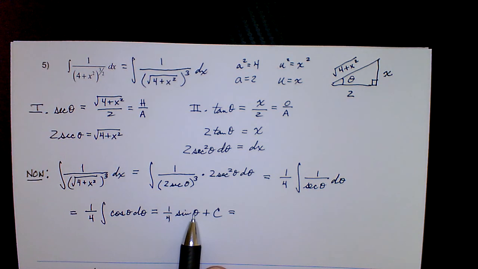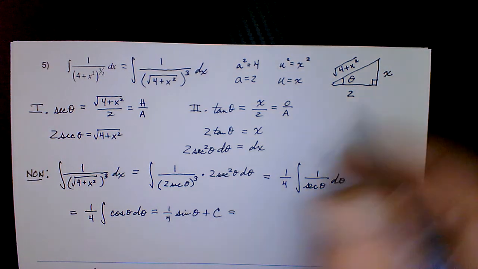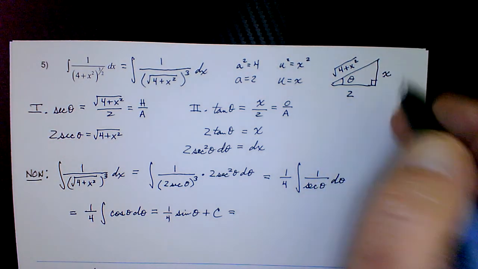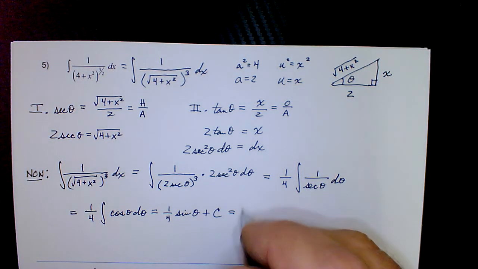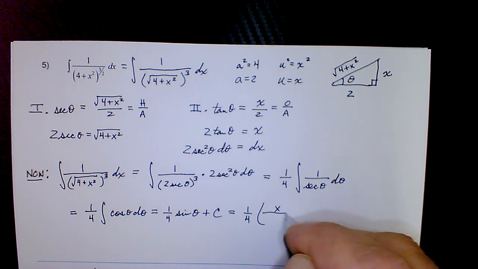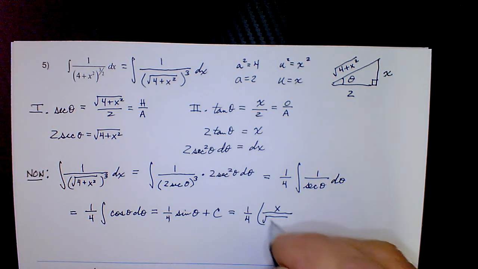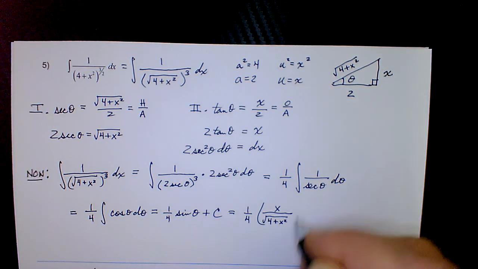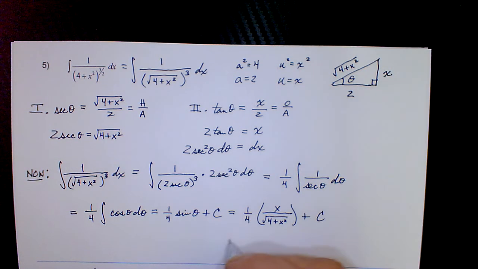Here it is not. So all you have to do is just simply go back to the triangle, because the triangle defines any trig function. Sine of theta is the opposite, which is x, over the hypotenuse, that radical part. So it looks like we have x over 4 times the radical part.